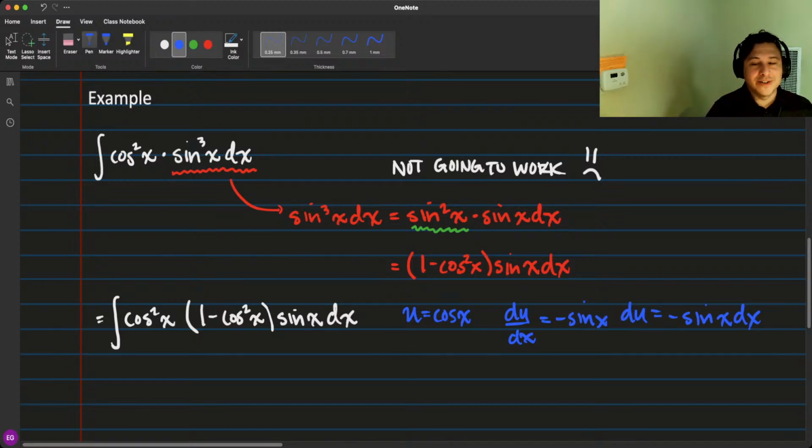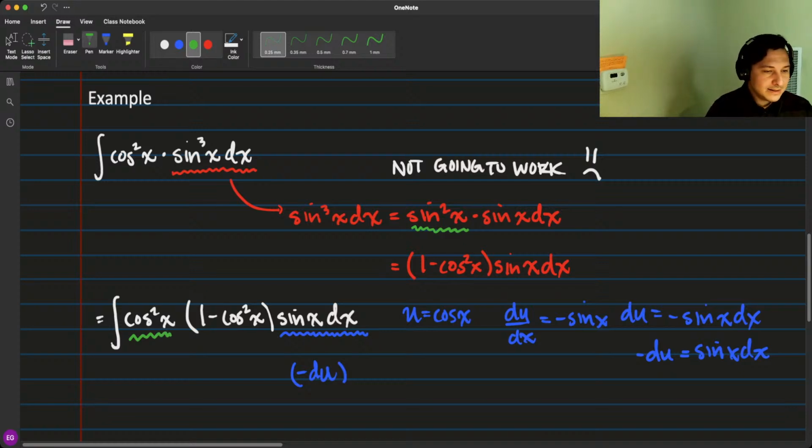It's so easy just to forget that minus. So I have a sine x dx right here, and sine x dx is equal to minus du. Does it make sense? I just move my minus from the right hand side to the left hand side. Now I can make some other substitutions. My cosine squared is u squared, and my 1 minus cosine squared is 1 minus u squared.